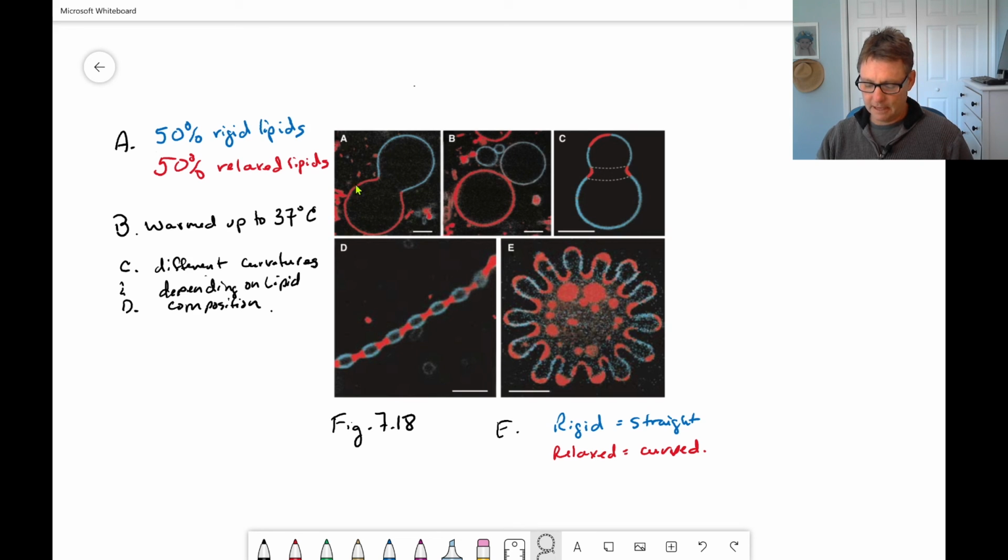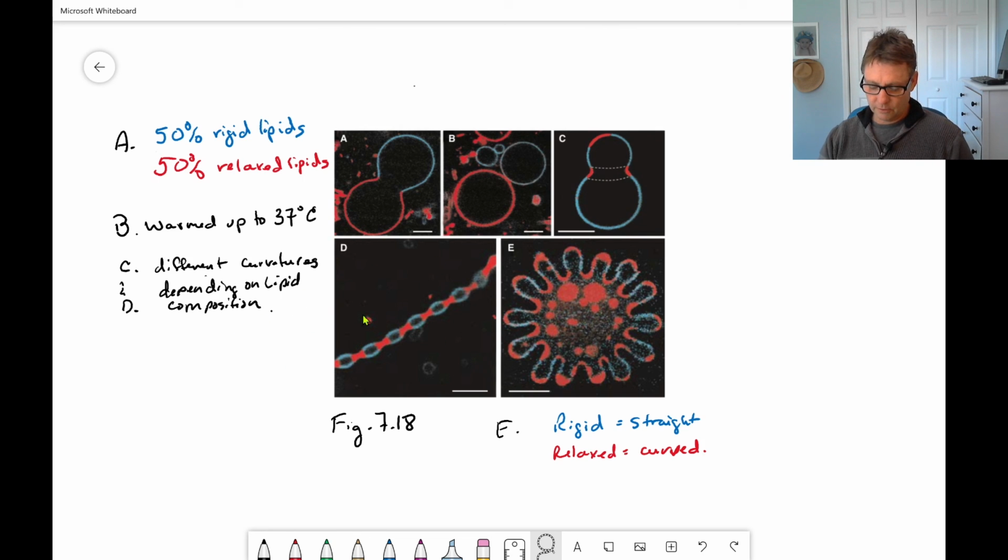And they put them together, and when they heat them up and they pinch off, you can see that the rigid lipid membranes form smaller spheres than the relaxed one. You get a bigger sphere. And then they also found that you tended to get the relaxed membranes here versus the rigid ones maybe at a pinch site. They would accumulate in that section.